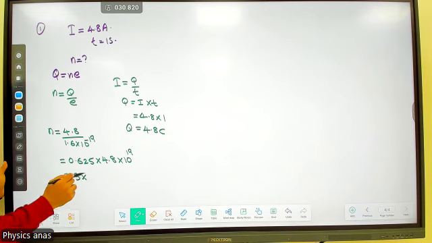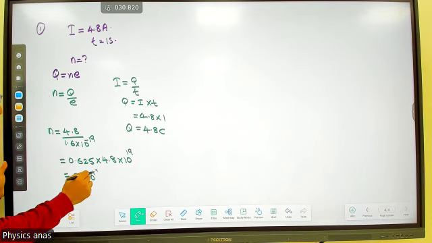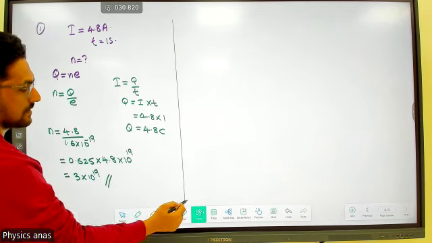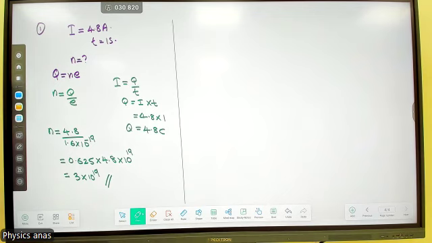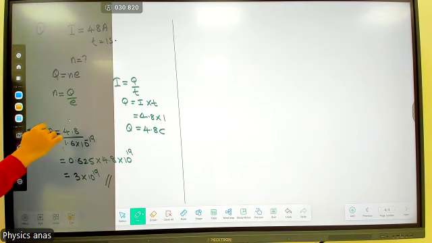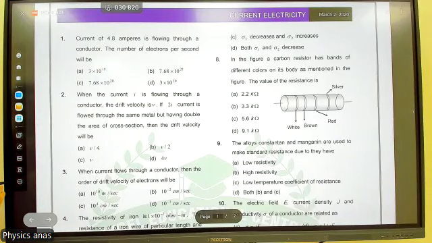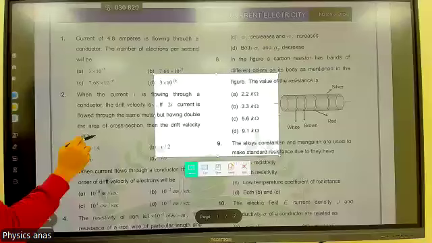That will be 3 into 10 raised to 19. This is the number of electrons. Everything is okay. Got it? Look at the next question.